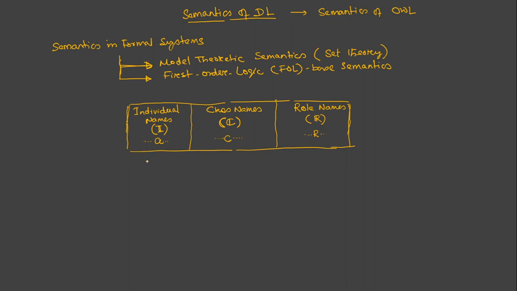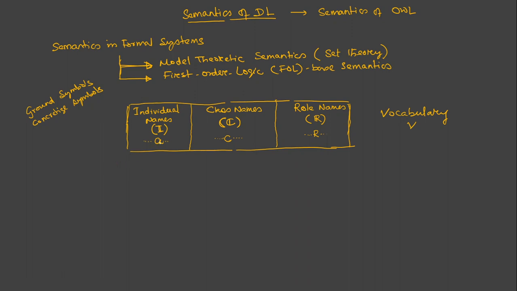Now, as I have told you earlier, this basically is the vocabulary of your ontology. And as I have mentioned earlier, when we try to put these symbols into their grounded terms, we want to ground these symbols or concretize this symbol, we make use of the set theory, right?